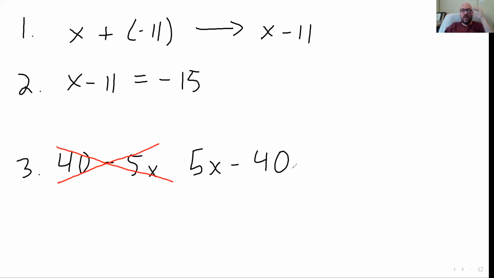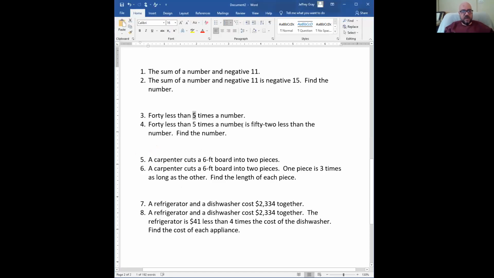And notice 40 less than 5 times a number is not a complete sentence. That is just a phrase. Consequently, it is not an equation, it is just an expression, right? So this is an expression, not a complete equation. Number 4, I don't remember what the rest of this was. 40 less than 5 times a number is 52 less than the number.